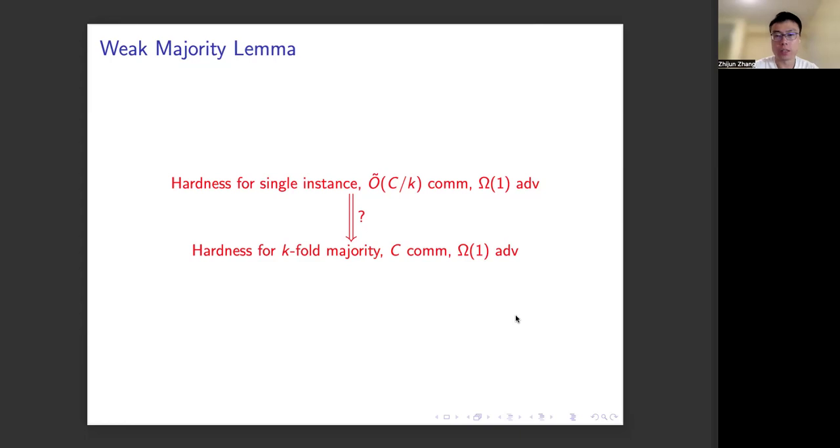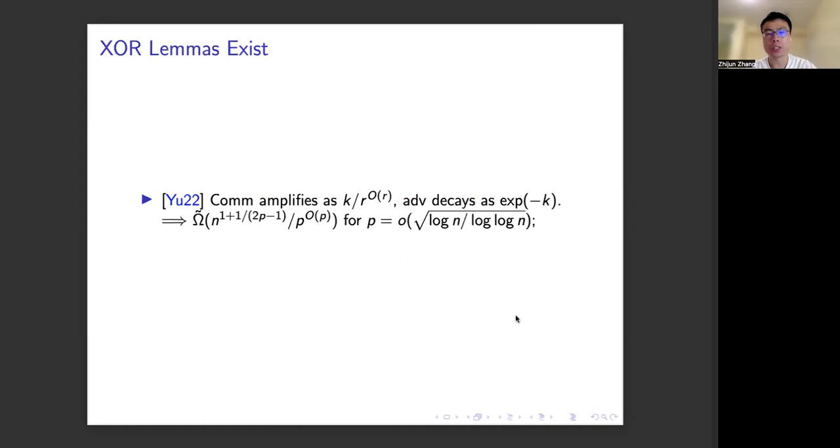This is exactly what we want for our streaming lower bound. It's a weak majority lemma, but it's still sufficient for our purpose. So finally, it remains to show the existence of good enough XOR lemmas.